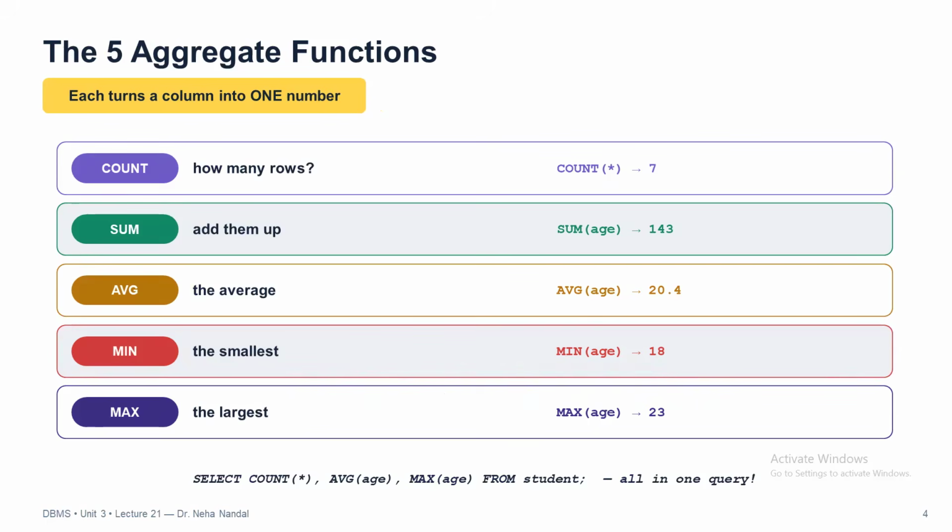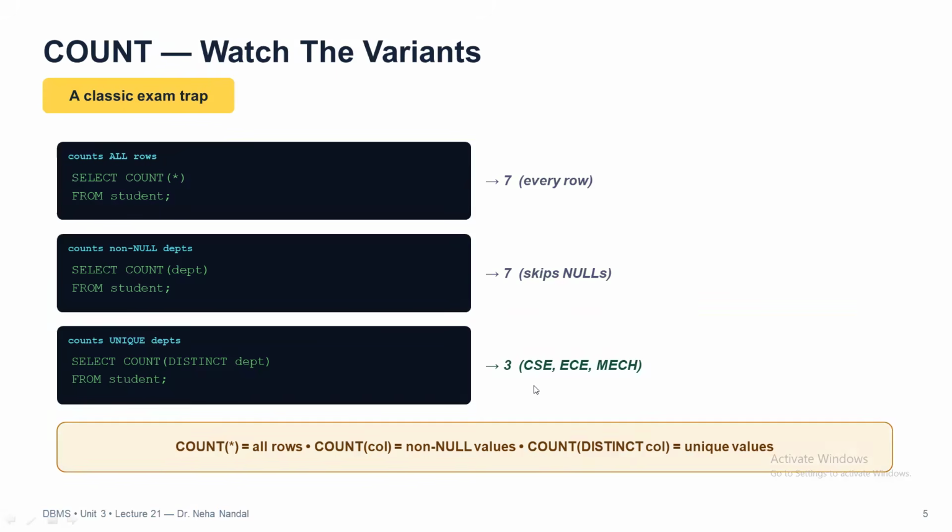Count takes care of how many rows, and along with that we have count star, which means all the rows. Each will turn a column into one number. Sum adds the data, sum of age; average, average of age; minimum, the smallest of all the numbers; maximum, the largest, maximum of the age. We have to utilize them the way they are written here in the queries, and we will see them one by one.